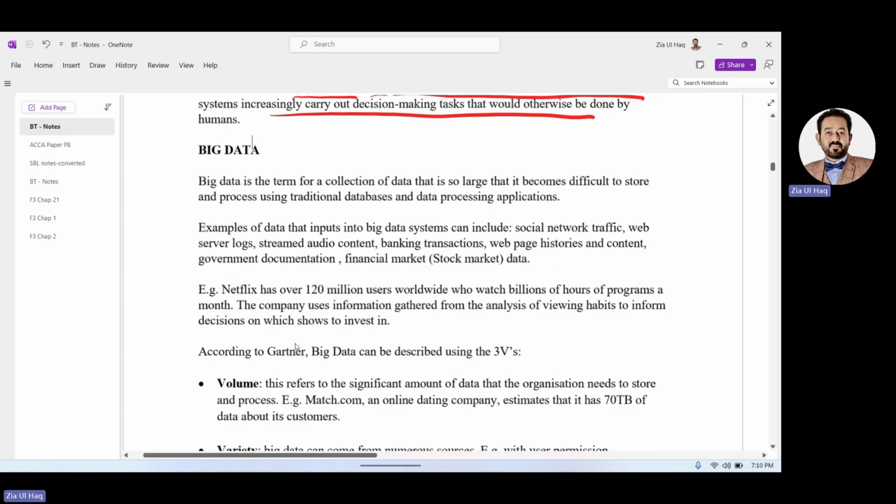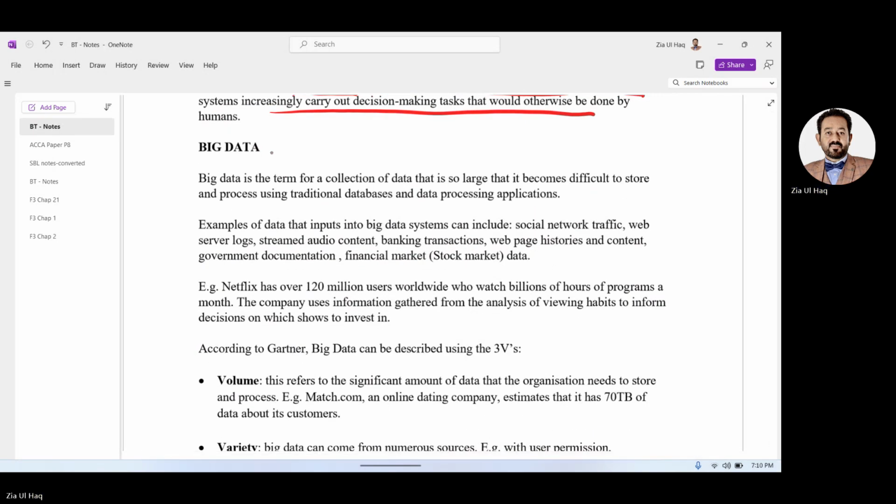Now moving towards another topic called big data. What is big data? The large amount of data that organizations use nowadays is called big data, especially businesses operating online. They need to store all the information relating to their customers and employees.